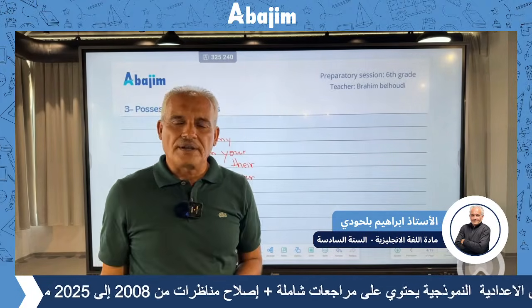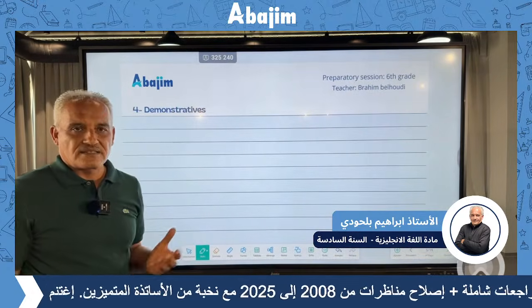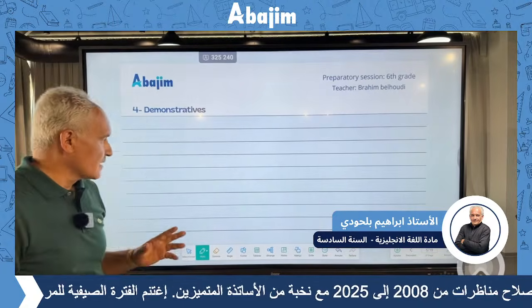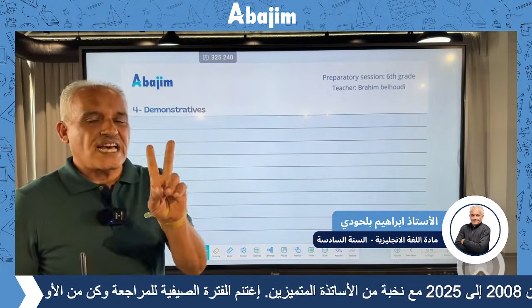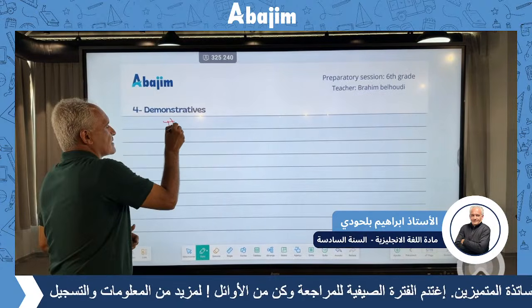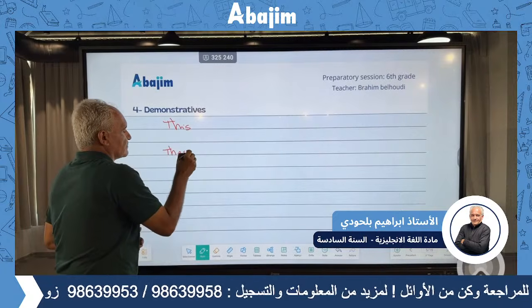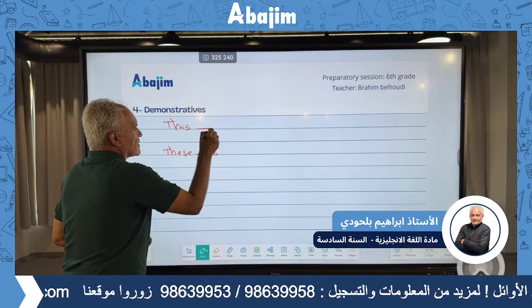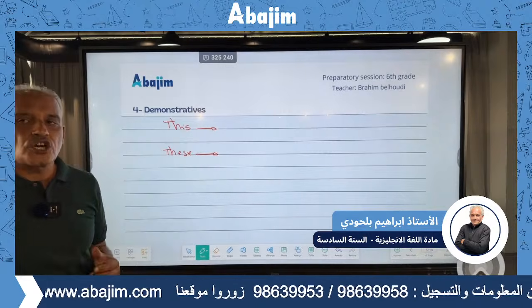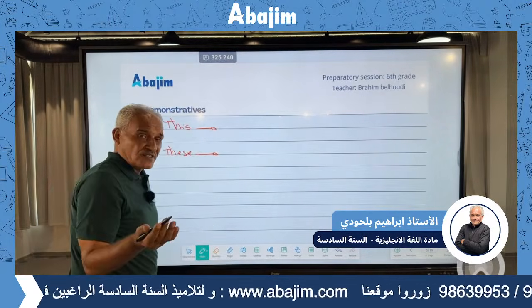Let's pass to the following heading, which is demonstratives. So today we are going to deal with just two demonstratives, this and these. Okay? So, this is used to show near singular things and persons, of course.